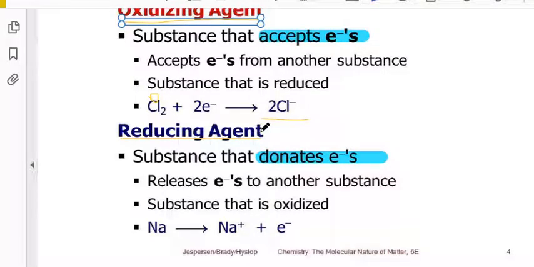This is just the reverse of the oxidation reaction. A reducing agent donates electrons, or as in oxidation we know, it loses electrons. So donate, release, lose are the same. Those elements lose electrons. See, this sodium loses 1 electron and becomes an ion. So it is called a reducing agent.